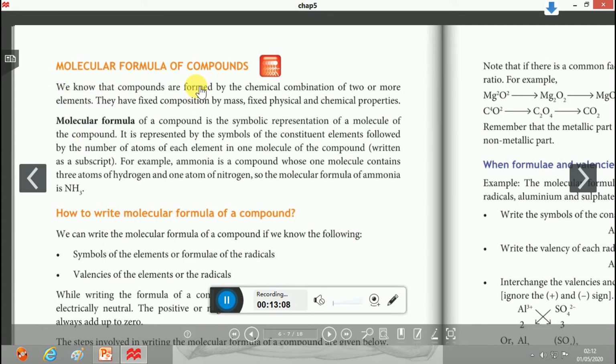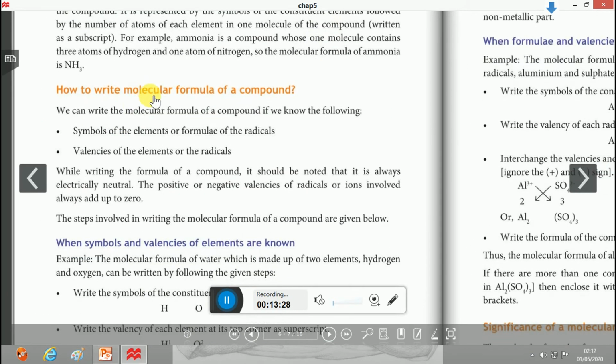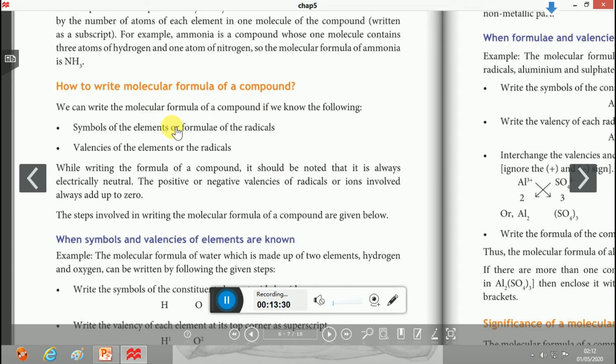We know that compounds are formed by the chemical combination of two or more elements, and they have fixed composition by mass, fixed physical and chemical properties. Compounds are pure substances. The molecular formula of a compound is just the symbolic representation of a molecule of the compound. Now the question is how to write the molecular formula of a compound.